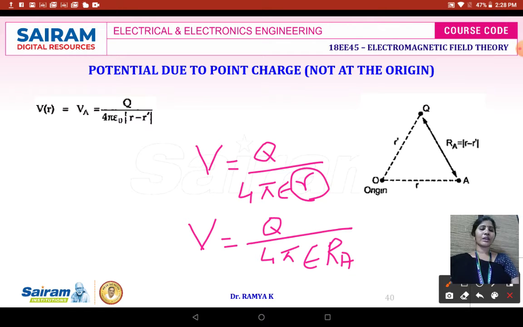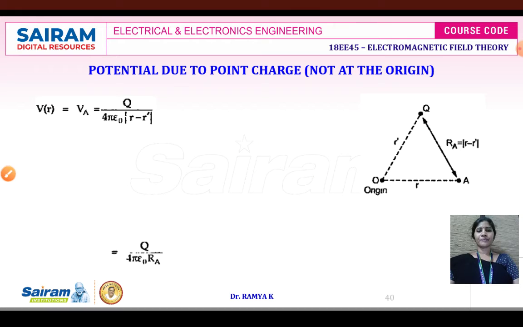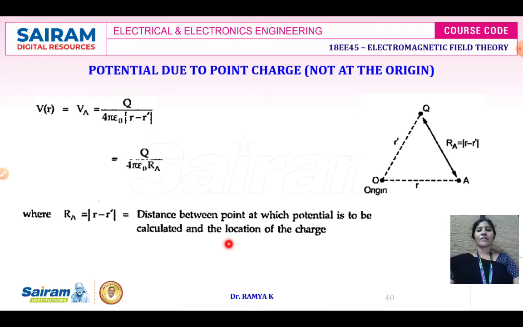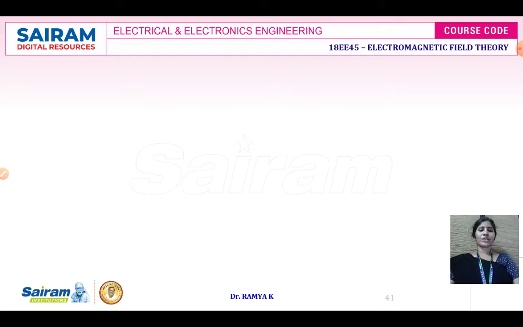Capital RA represents only the magnitude, so it will be the effect distance minus cause distance. Therefore we can write Q divided by 4 pi epsilon naught RA, where RA is the distance between your cause and effect, that is between the point where we have kept the point charge and the point under consideration where we want to identify the value of potential.